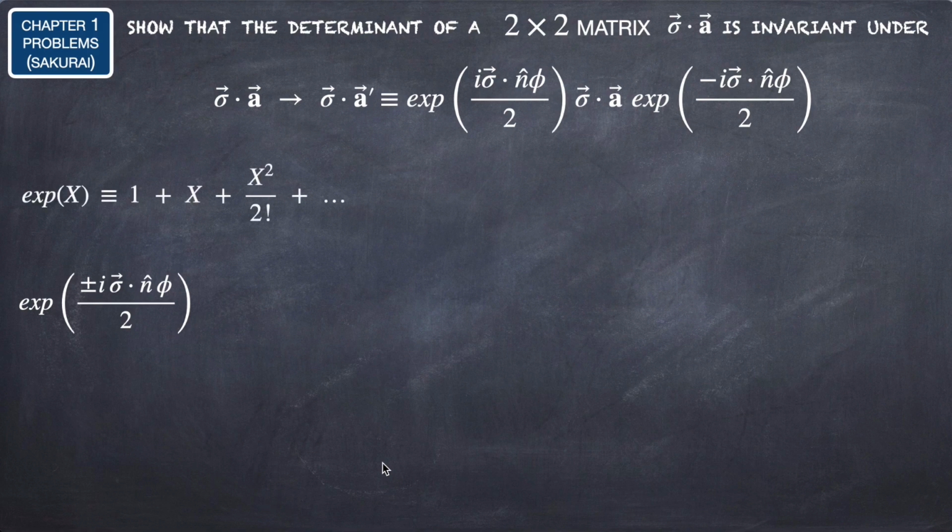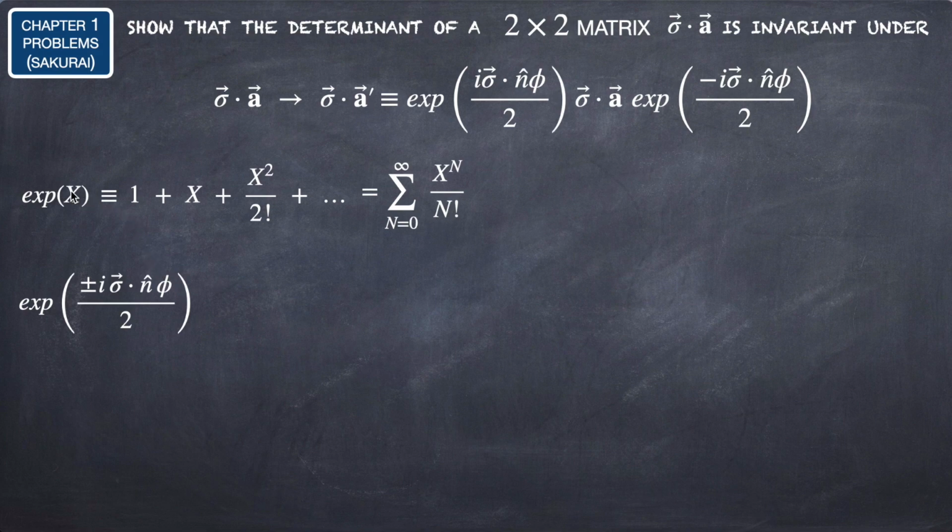We know that the exponential of an operator, for instance x, is defined as 1 plus x plus x squared over 2 factorial, and so on. And using index notation, we can write this as the summation from 0 to infinity of x to the power of n over n factorial.